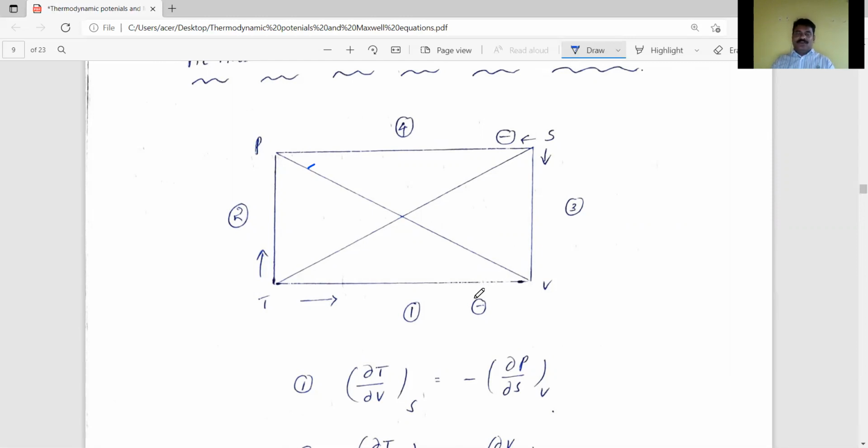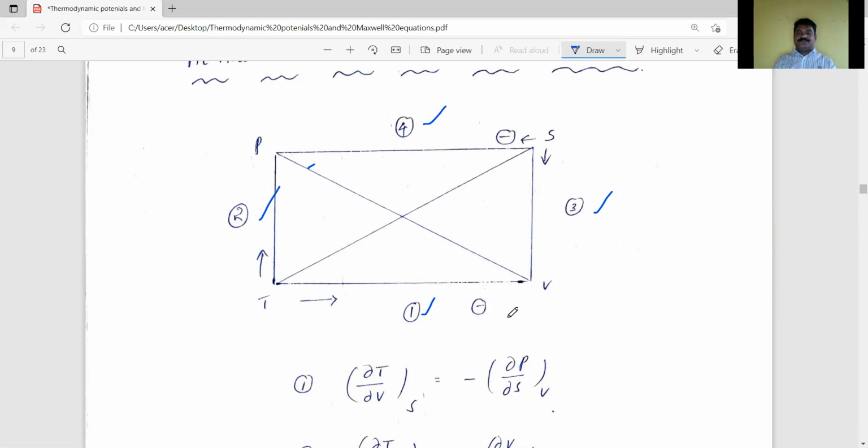Now every side should be given a number. This is 1, and this opposite side should be given the number 4. This side should be given number 2, and after that the opposite side should be written as number 3. So 1, 4, 2, 3.